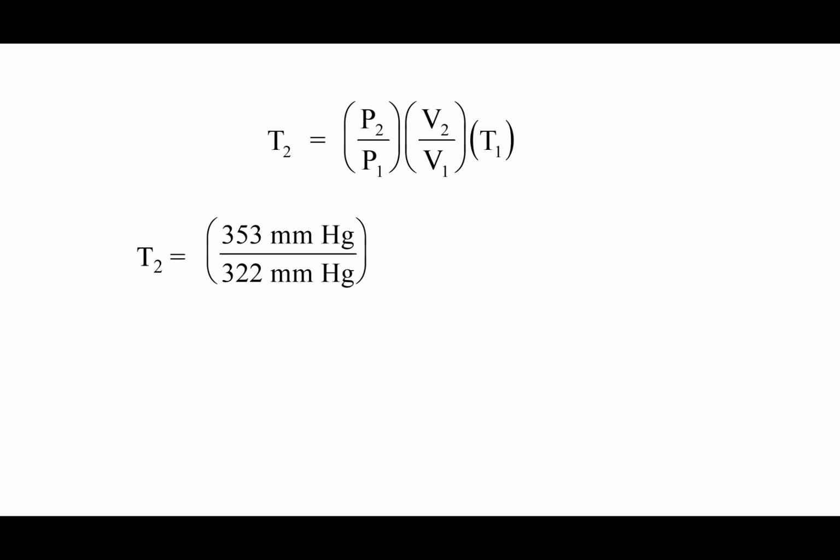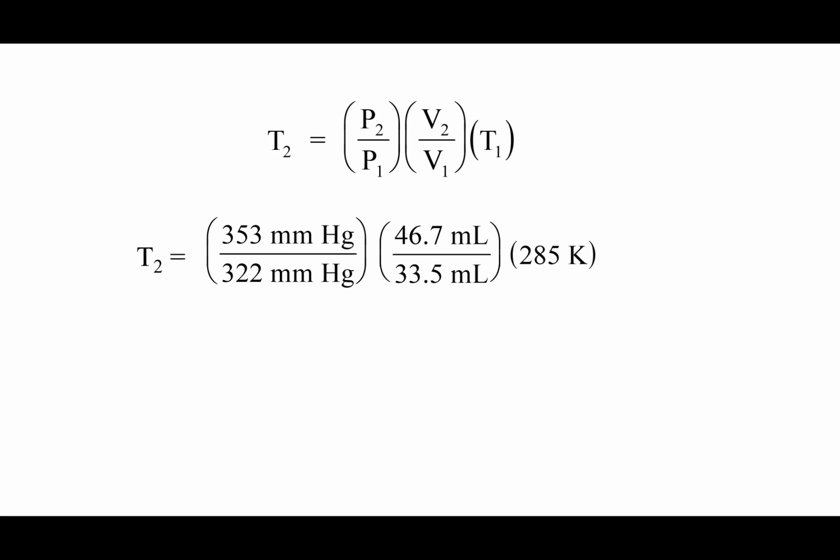But you have to stay organized, and it's P2 over P1. So that's 353 millimeters of mercury over 322 millimeters of mercury. The V2 over V1 looks like this: 46.7 milliliters divided by 33.5 milliliters. Of course, units of milliliters cancel out. And then our T1 in units of Kelvin was 285 Kelvin.